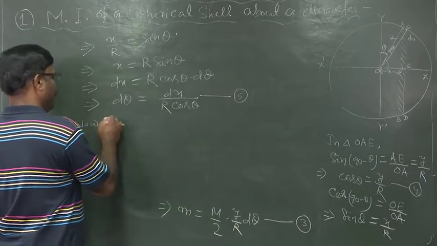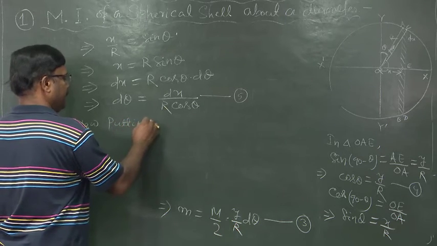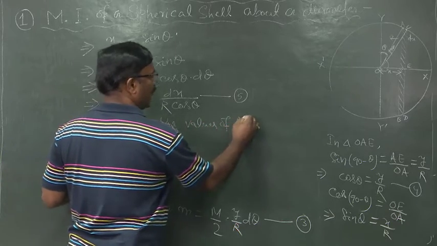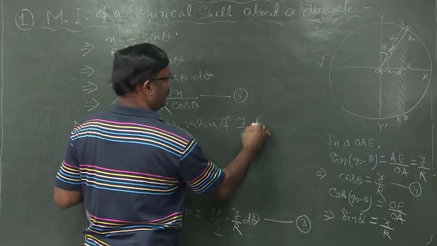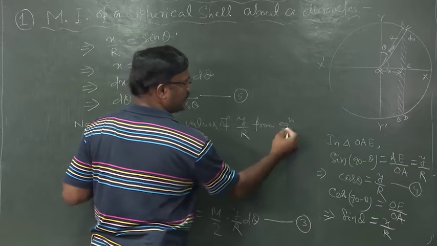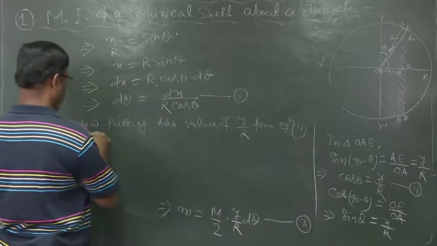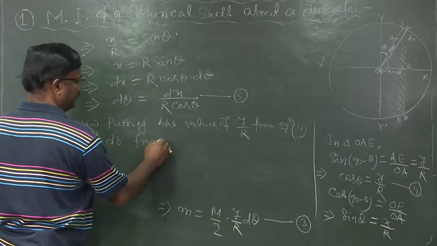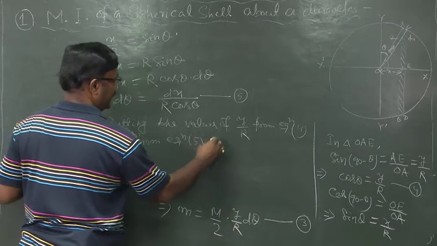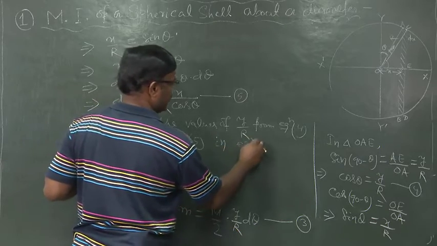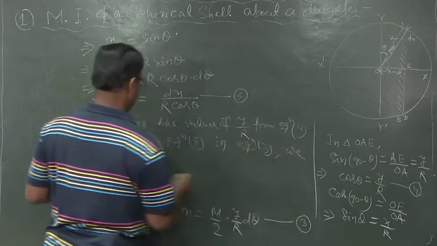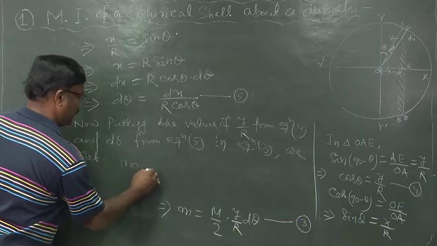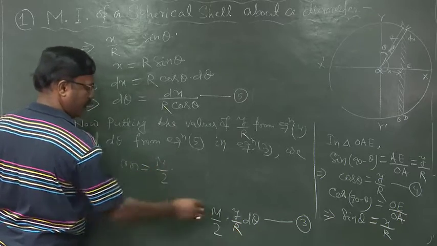Now, putting the values of y by r from equation 4 and d theta from equation 5 in equation 3, we get dm is equal to m by 2 into y by r.